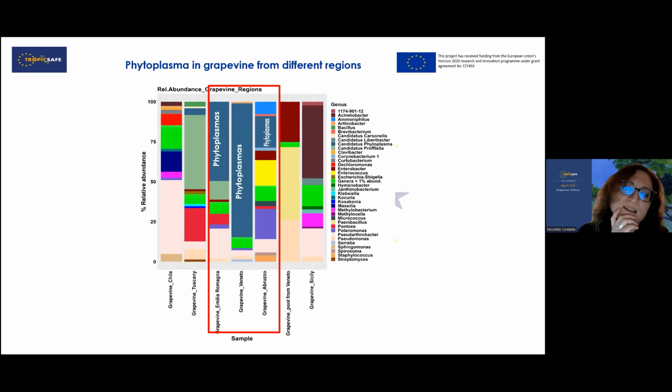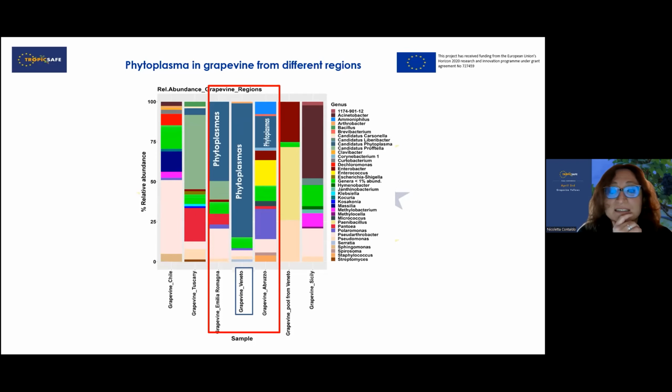Because while the grapevine from Veneto were the samples with the highest amount of phytoplasmas in the single plants, with almost 80% of the bacteria identified being phytoplasmas, in Emilia-Romagna the percentage was a little bit lower, like 50%. In Abruzzo, even lower.